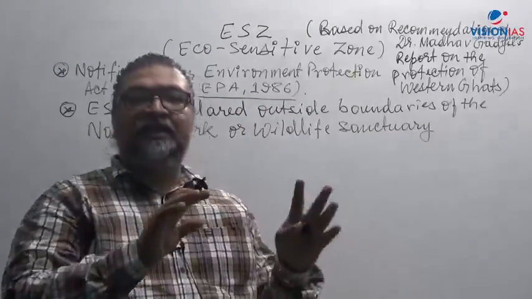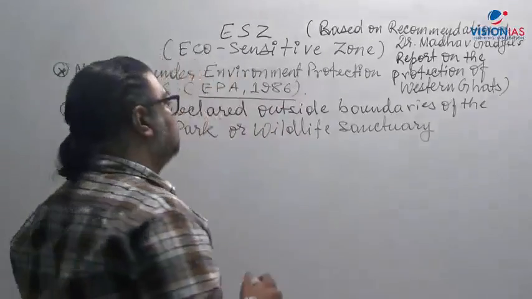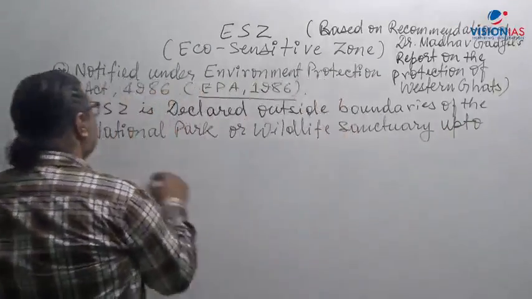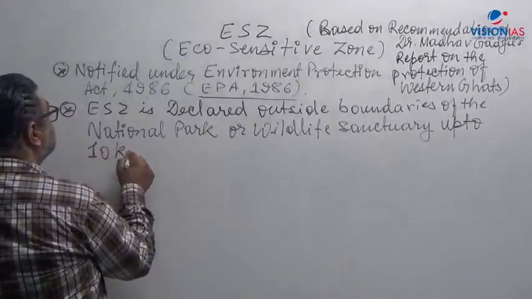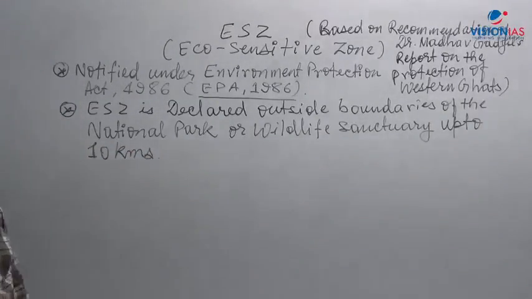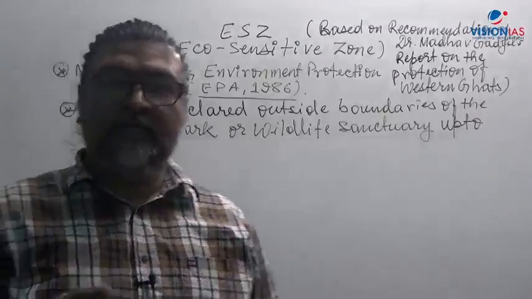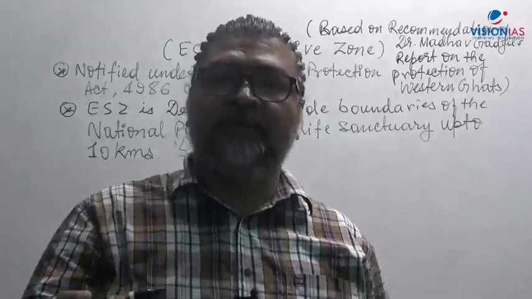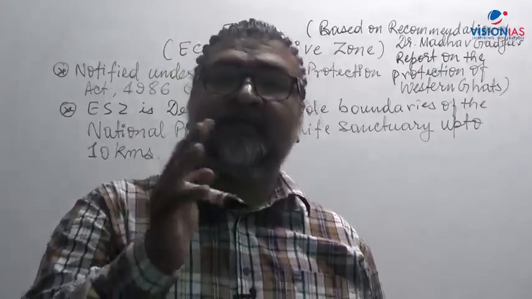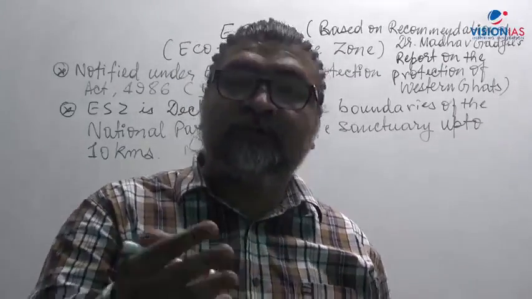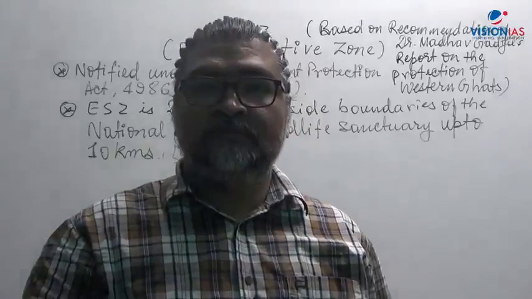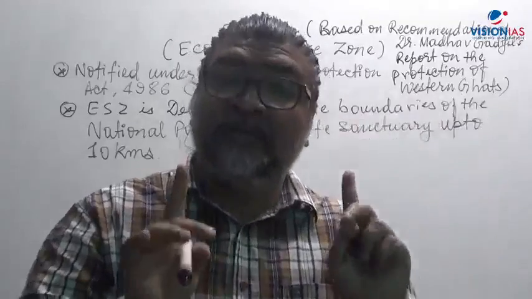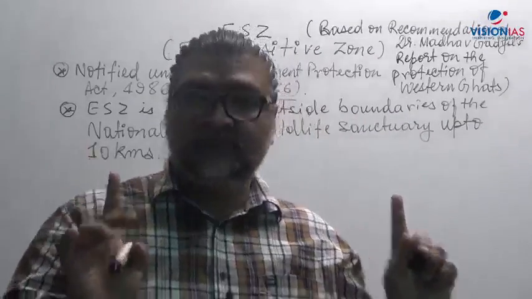In the more general case, it can go up to 10 kilometers. But in some cases, it can go beyond 10 kilometers. The state government can notify 1 kilometer or 2 kilometers or 5 kilometers or 10 kilometers, and in some exceptional circumstances, it can go beyond 10 kilometers. In general 10 kilometers, but in some cases more than 10 kilometers as well. That you have to know.